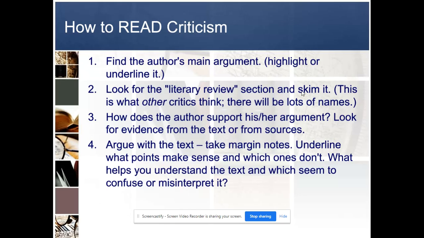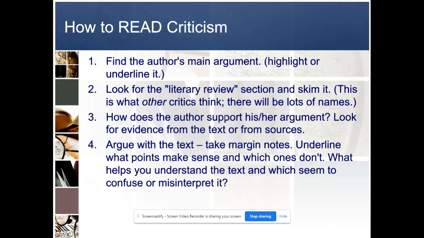There are going to be a lot of names in this section because basically the writer of the article you are reading is going through all the other people who've said something about that piece. And you need to pay attention to some key words that are going to let you know whether your article's author agrees or disagrees with these other critics.